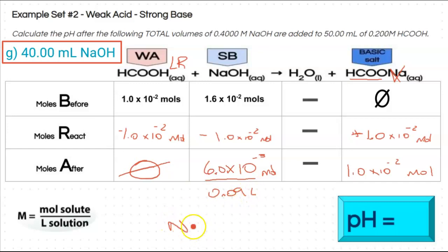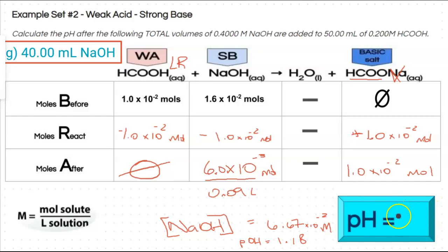And that gives me a sodium hydroxide concentration of 6.67 times 10 to the negative second molarity. Taking the negative log of that value, I get a pOH value of 1.18. When I subtract that from 14 to get the pH value, it is a 12.82.